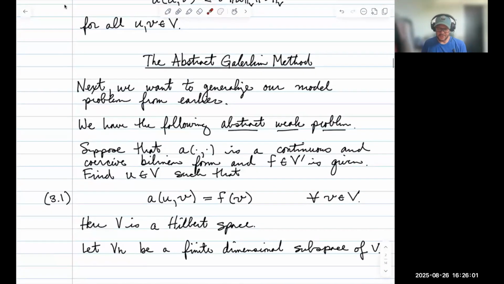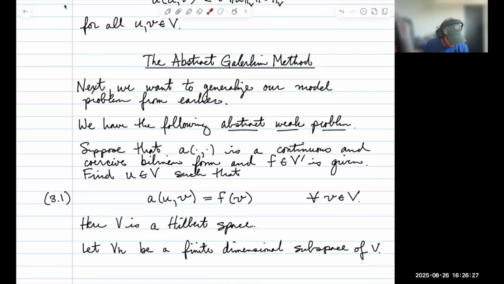So now we're ready to state our abstract problem, and by extension, we're able to define the abstract Galerkin method. We had a model problem. We posed it initially as a strong form problem, so it was the PDE, and then we multiplied by a test function and integrated by parts, right?